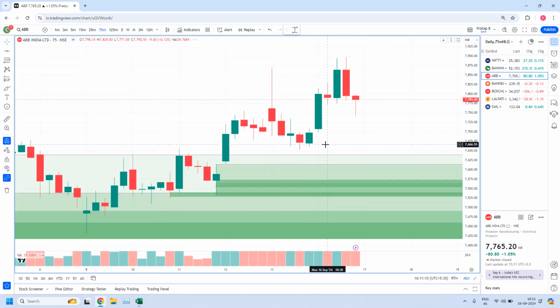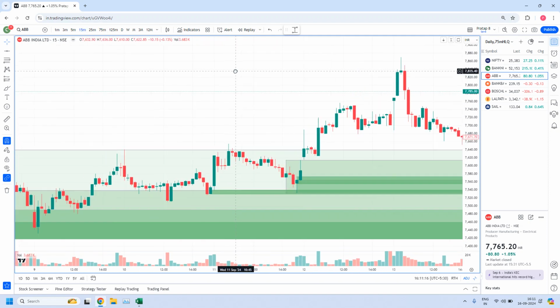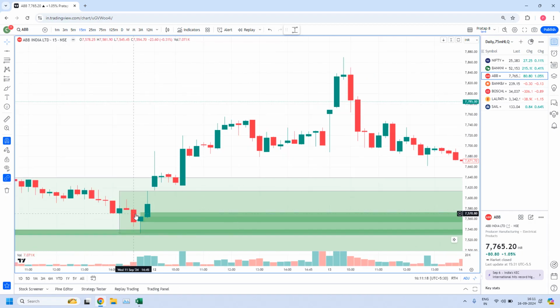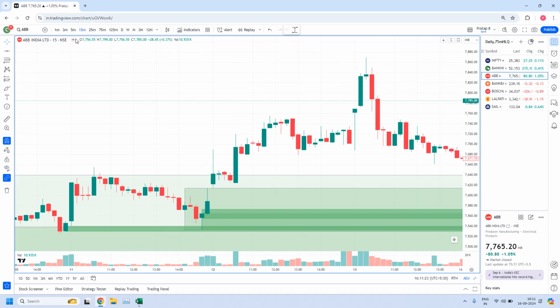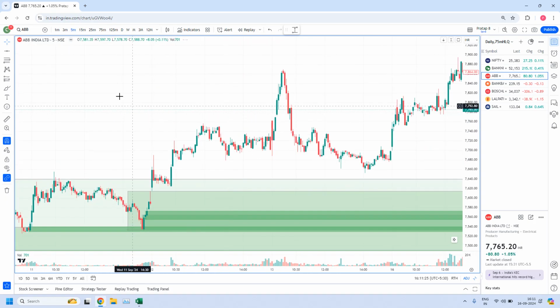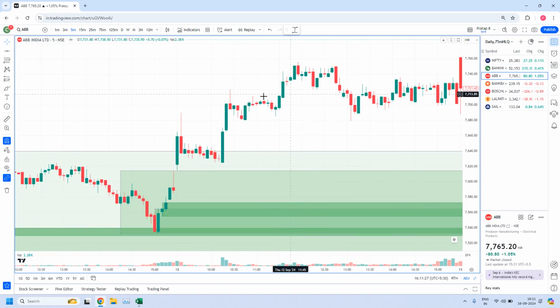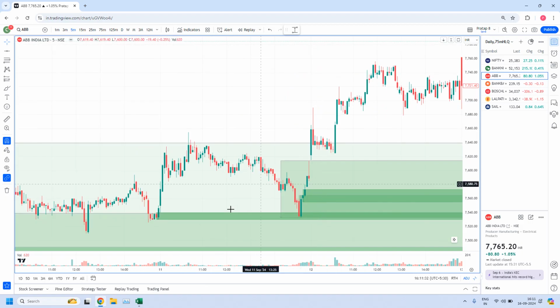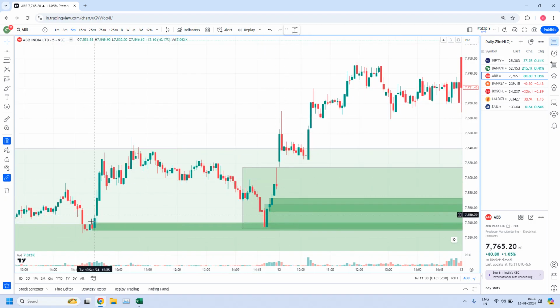In the 75 minutes time frame, we have drop base rally. In this drop base rally, we have 15 minutes drop base rally again. Again, within this 15 minutes drop base rally, we have a fine-tuned 5 minute zone. We have rally, base, rally. And also a lower time frame zone as a horizon to the higher time frame zone. Probably there could be strong order flow there, rally, base, rally.